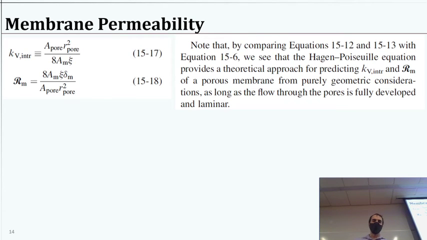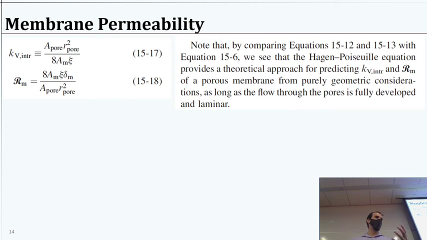So, and here the book, again, I was trying to get the notes down more quickly so we could discuss them. The book describing these at the end of this section was saying, note that by comparing a couple of previous equations, which I think I just flipped to, with another, we see that this Hagen-Poiseuille equation provides a theoretical approach to predicting this intrinsic permeability and the membrane resistance of a porous membrane from purely geometric considerations.